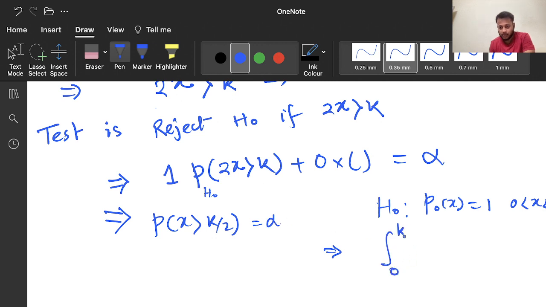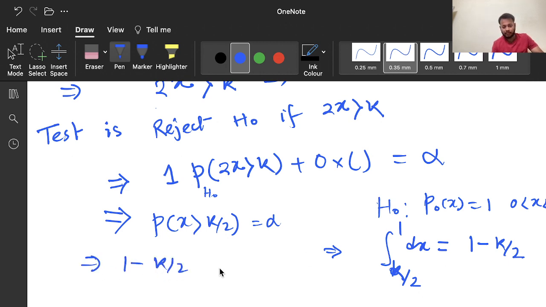What is the probability that x will be greater than k by 2? That will be the integral from k by 2 to 1 of dx, and that is 1 minus k by 2. So this means 1 minus k by 2 is alpha. This means k is 2 into 1 minus alpha.